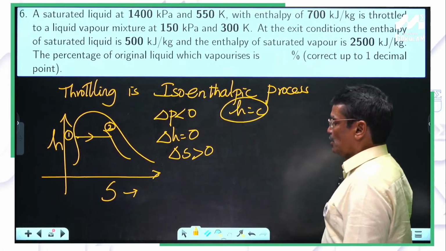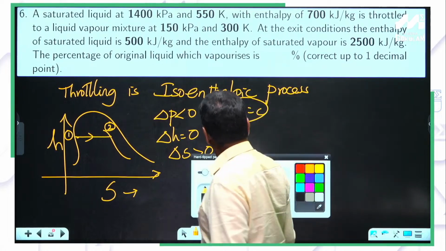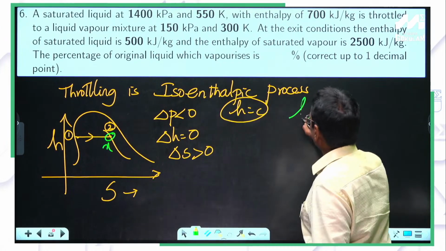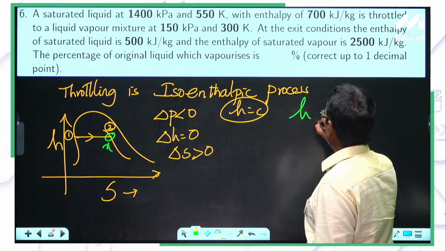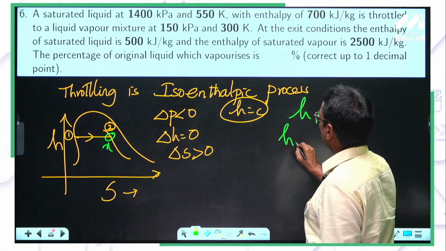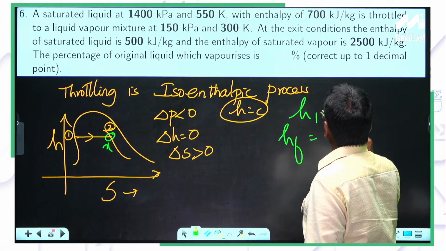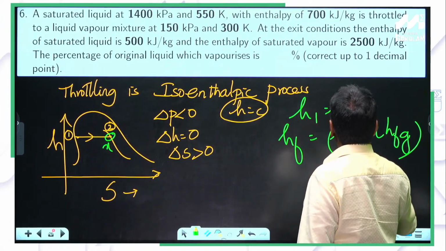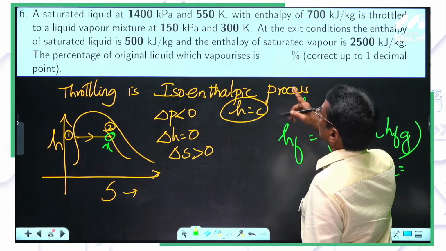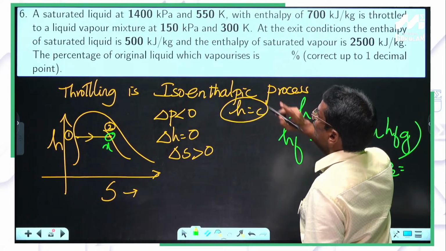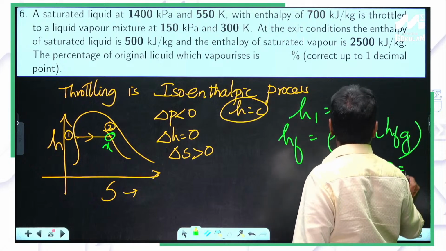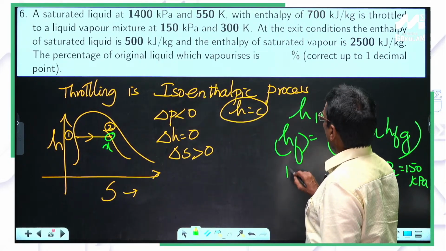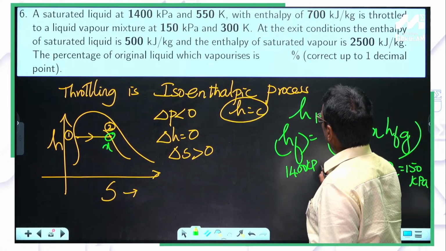Okay. He is asking you to calculate the dryness fraction here, because H1 is equal to H2. What is H1? H2 is equal to HF plus X into HFG, at what pressure? At P2 of 150 kilopascal, initially it is 1400 kilopascal.